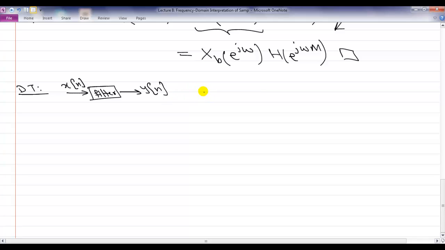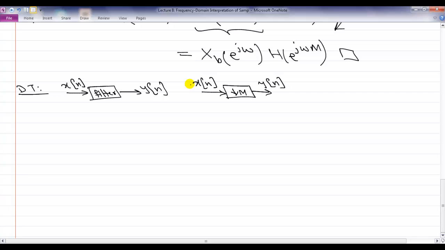The other operation we looked at is decimation by a factor of M, and we understand its effect on the system. We get M copies of the input frequencies.